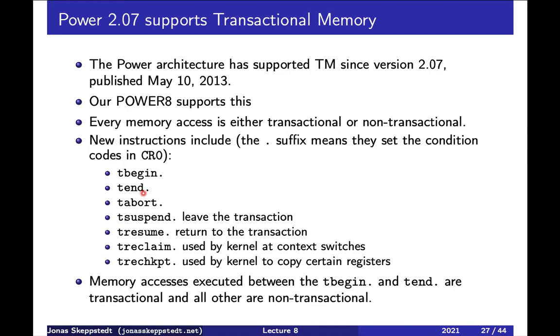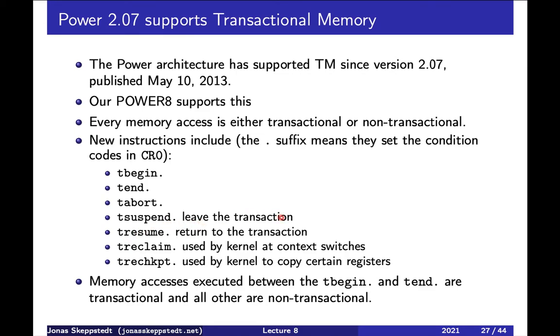So the first two start and end a transaction. The end is intended by the software to commit the transaction, signaling that it has reached the end. If it wants to give up, it can do a transaction abort. Okay, and then there are two interesting instructions, transaction suspend and transaction resume.